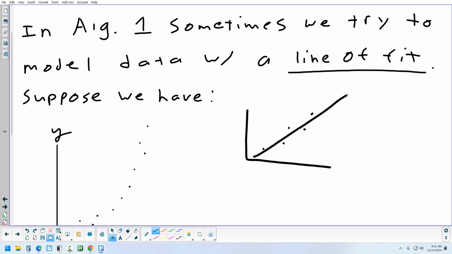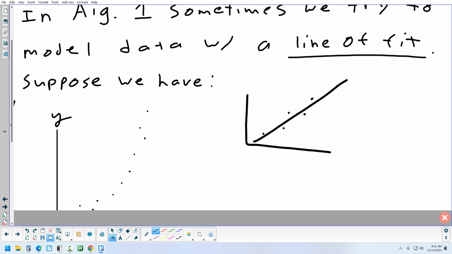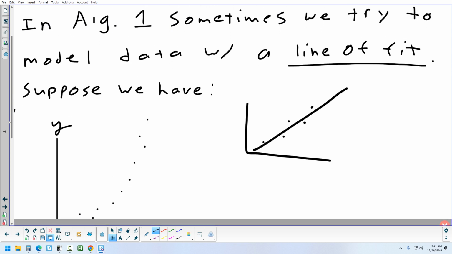You might have a set of data points, and usually by hand, you just estimate a line that goes through your data points. And you try to make it so you have as many above and as many below as you can. You try to put the line in the middle. When you do a line of fit, it's not necessarily like a calculation. It's something you drew by hand. What we're going to do is a calculation that finds the best possible fit for that data.